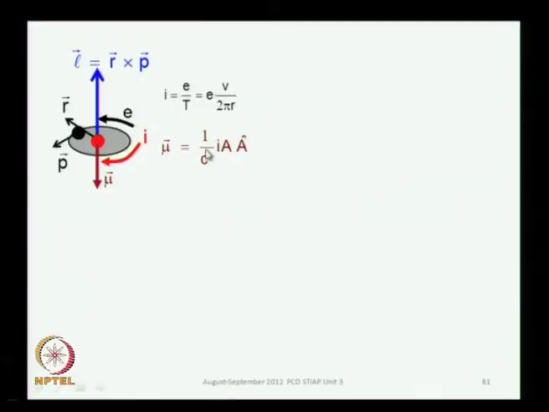Now, we are using Gaussian CGS. So, there is not just I A, but 1 over c times I A in the system of units that we are using. So, that is the difference with the SI.